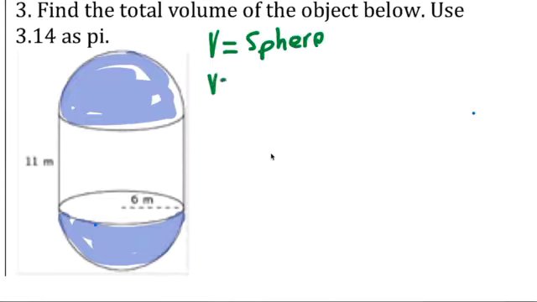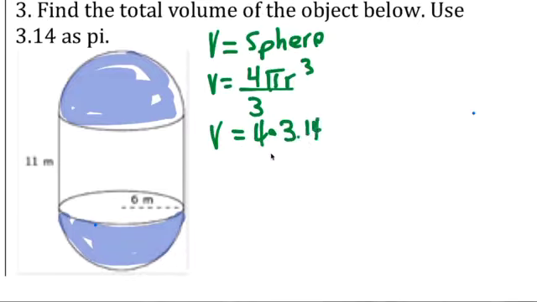And volume of the sphere is 4/3 pi radius cubed. So therefore it's 4 times 3.14 times radius, which is 6 in this case, times 6 cubed. And then you divide that by 3.